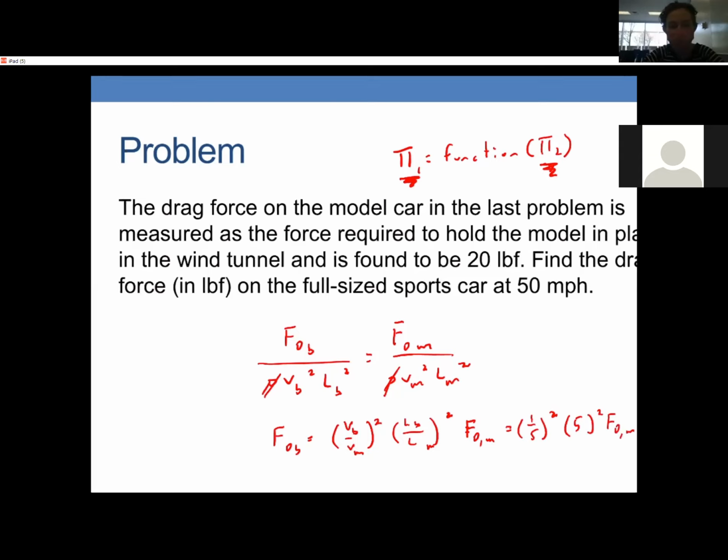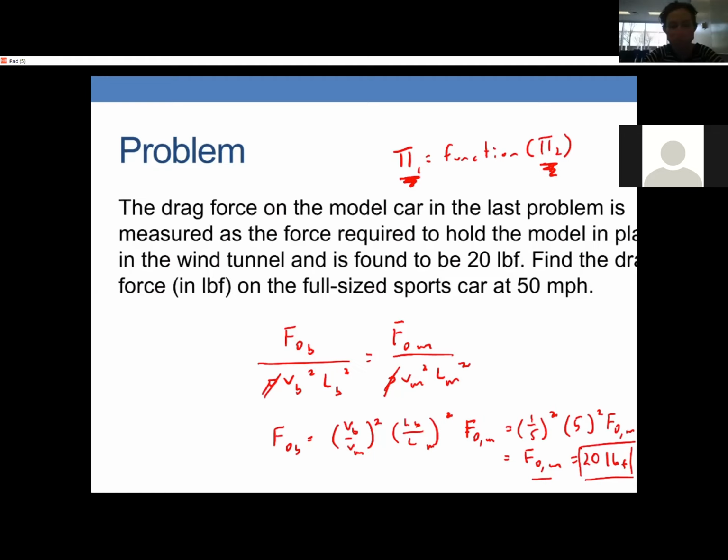So for this particular situation, we found that the force on the big one is the same as the force on the model, which in this case is 20 pounds. Once we scaled up, we realized that the force on the big one is the same as the force on the small one. So when we set the velocity in the wind tunnel so that the Reynolds numbers were equal, then we know that this is true and we can figure this out.